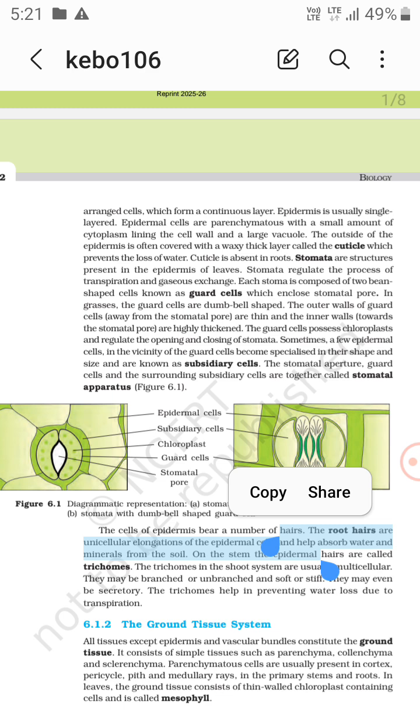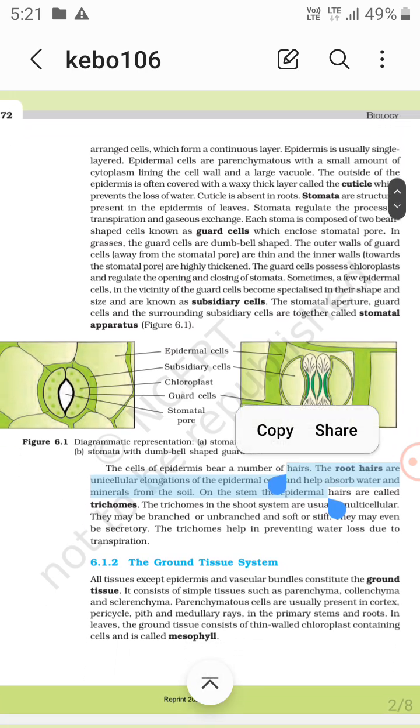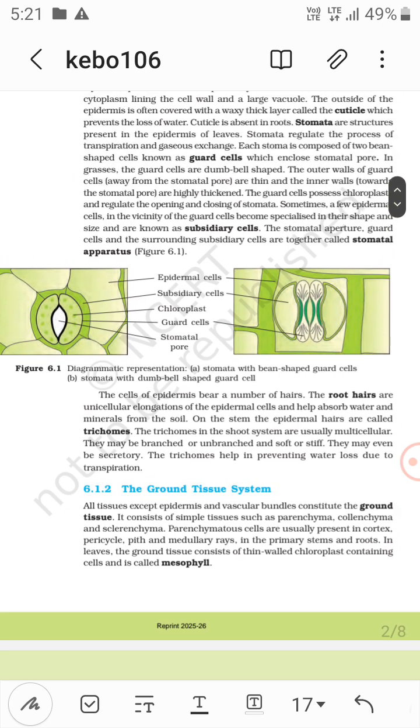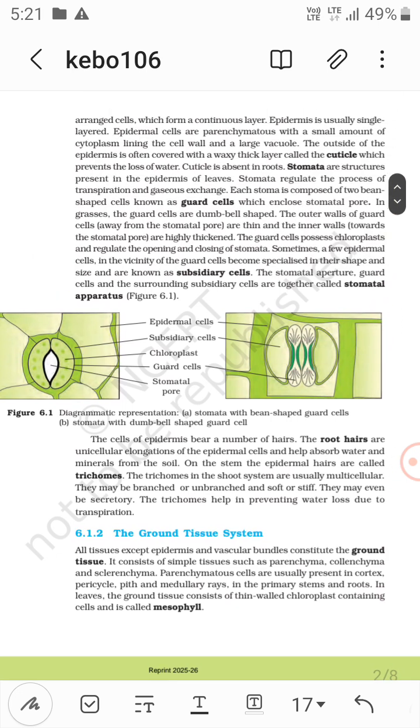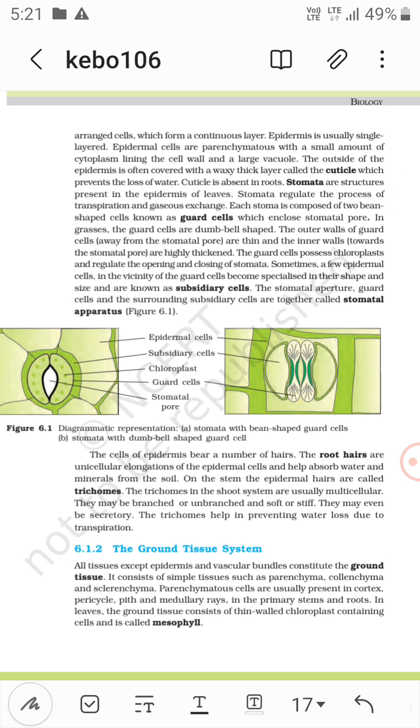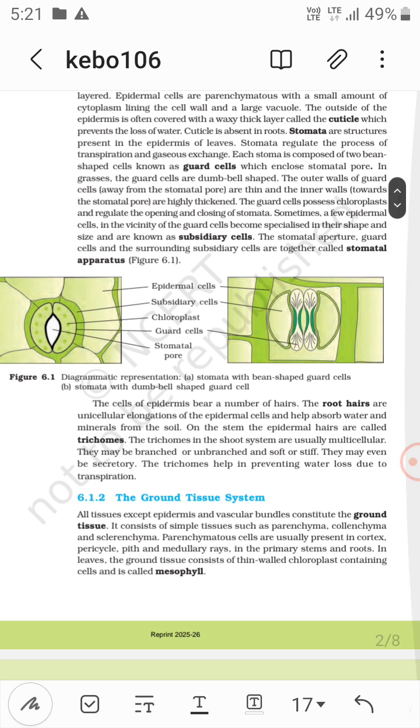In grasses, these are dumbbell shaped, and the outer walls of guard cells are thin and the inner ones are thick, right? These guard cells possess chloroplasts and regulate the opening and closing of stomata. Sometimes a few epidermal cells in the vicinity of the guard cells become specialized in their shape and size and are known as subsidiary cells.